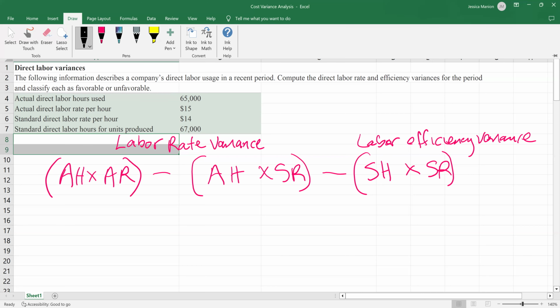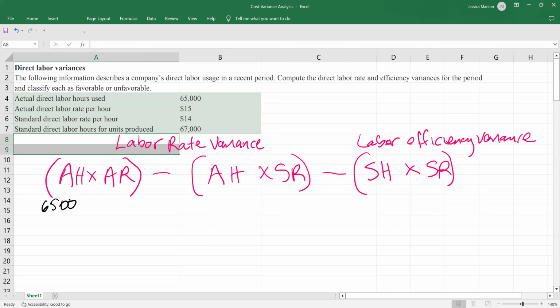So actual hours 65,000 times the actual rate 15. There's that first one. Actual hours 65,000 times the standard rate 14.